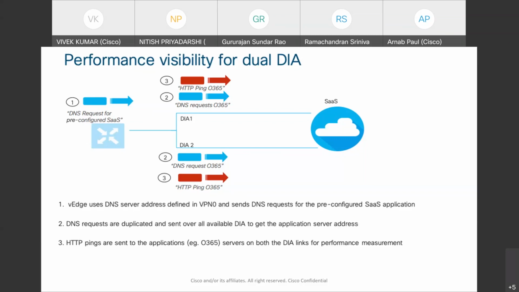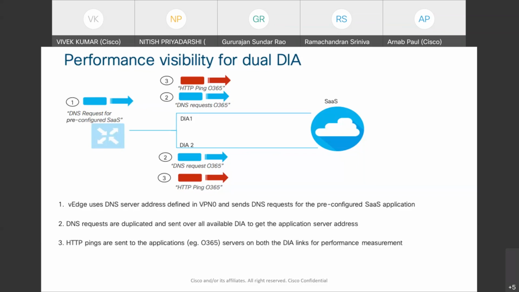Regarding the DNS under VPN 0, we always recommend configuring a common DNS such as 8.8.8.8. If we configure the common DNS, it will help to get an ISP-independent DNS response, and 8.8.8.8 will provide you the most optimal front door of a SaaS application in return.